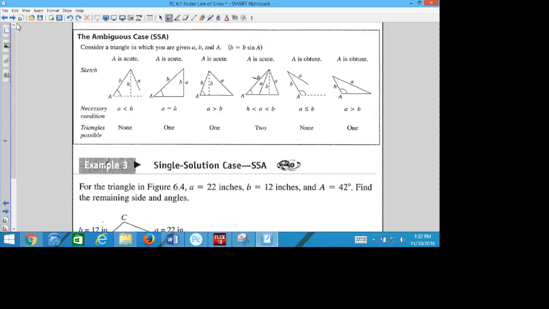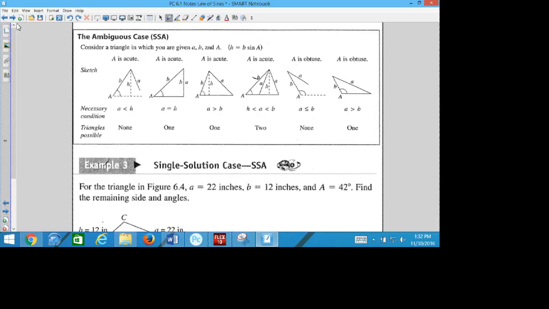When we have the side-side-angle case, you have to do a little bit extra work, because it doesn't give you enough information about the triangle. You have to figure out if the information you have actually even forms a triangle.